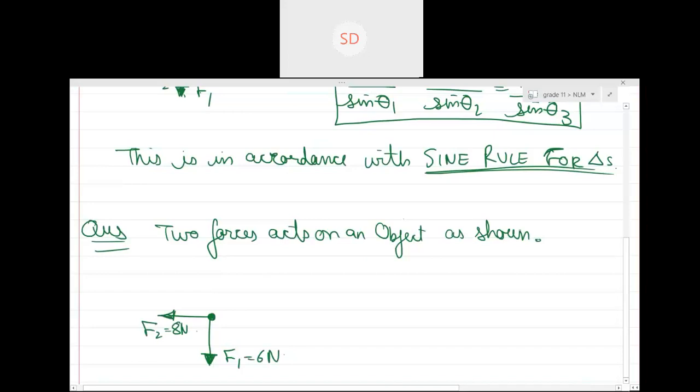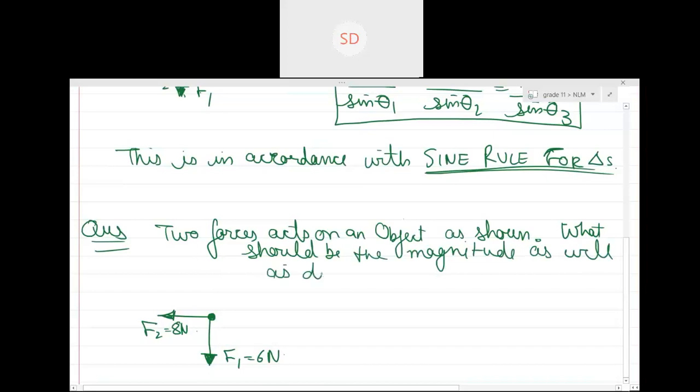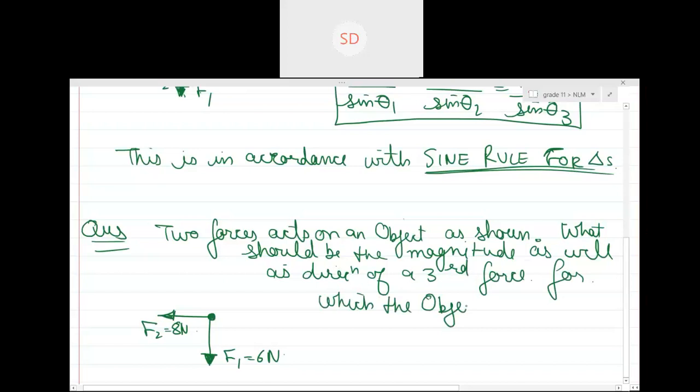Now the question is, what should be the magnitude as well as direction of a third force for which the object is in equilibrium?